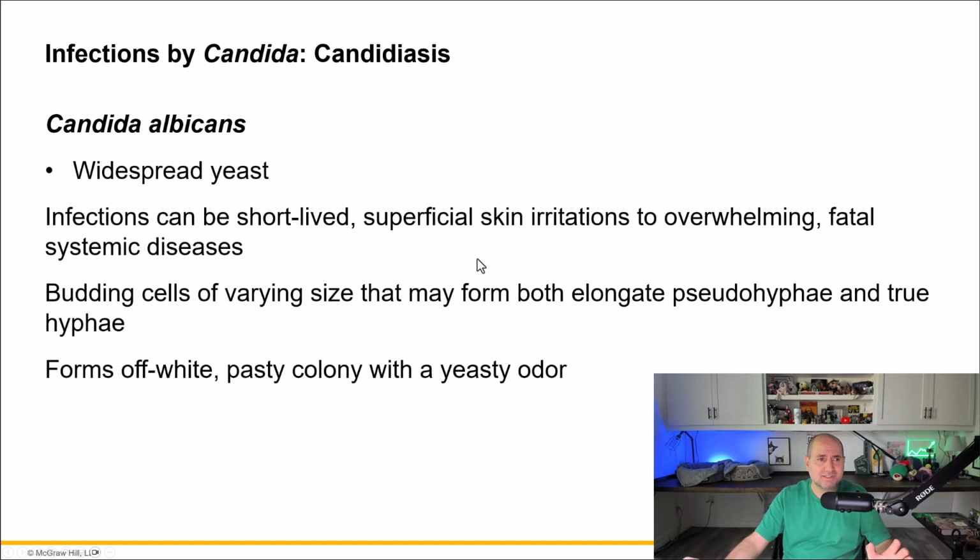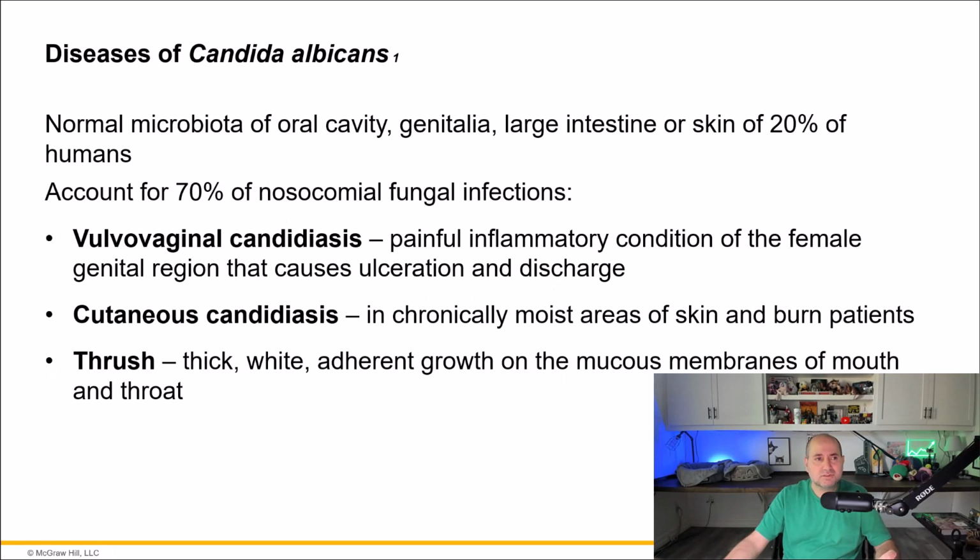Next, we learned about Candida albicans. This was an interesting fungus. Remember, it's part of our normal biota. However, it accounts for 70% of nosocomial fungal infections. And remember, nosocomial refers to diseases or infections that are picked up at the clinic, at the hospital.